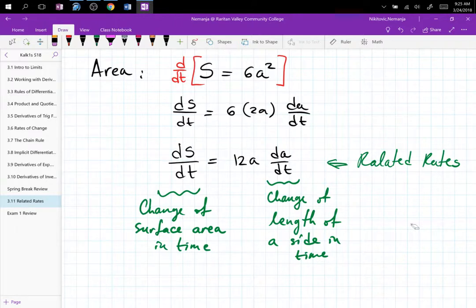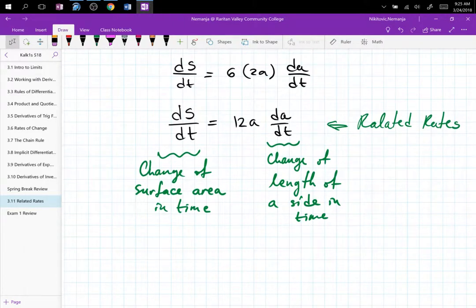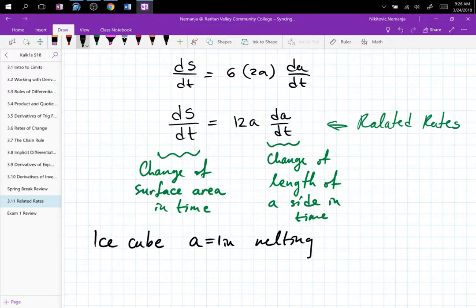So now I can say that for an ice cube which has the side equal 1 inch, right? Each way. So it's inch by inch by inch ice cube. And it's melting, so the side decreases.